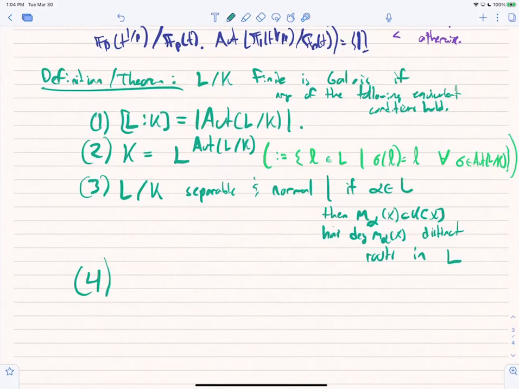Okay, and the last condition is L over K is a splitting field of a separable polynomial.